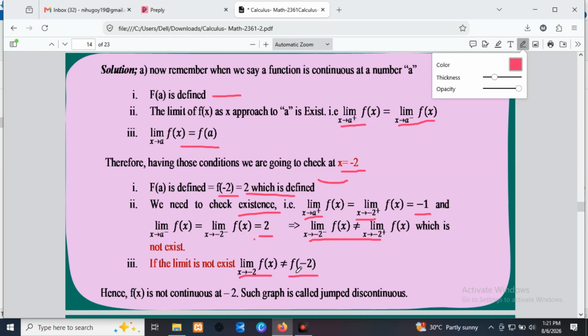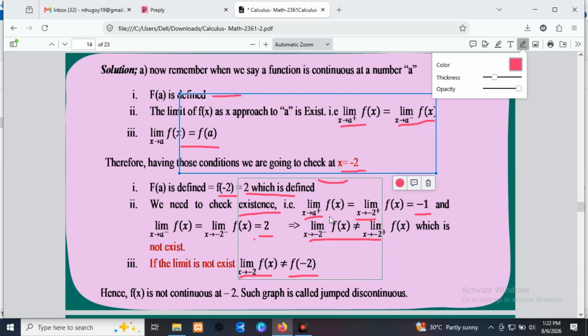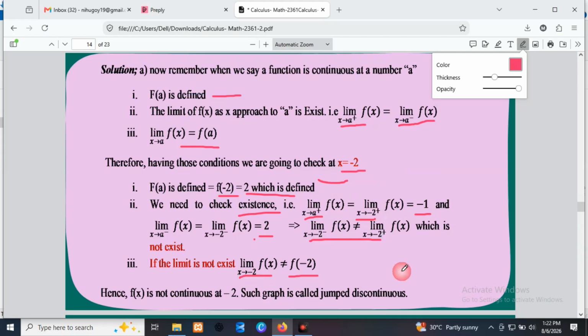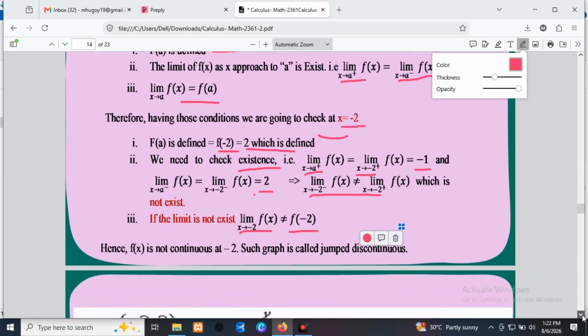The functional value f of -2 is 2, but the limit as x approaches -2 is sometimes -1, sometimes 2, which are different. So at x equals -2 the function is not continuous.